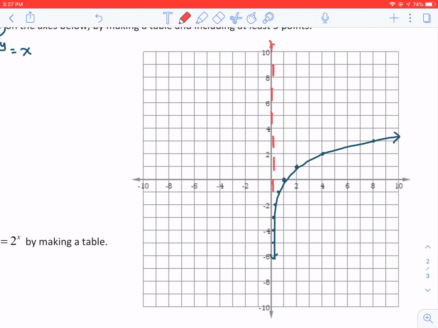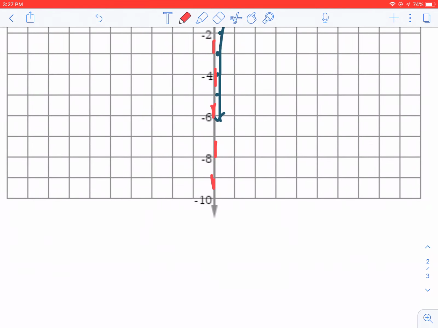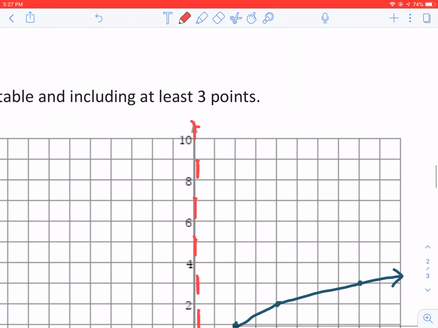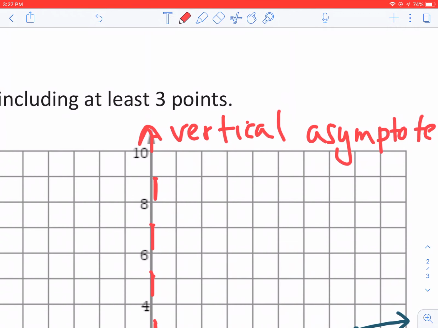It's never going to equal 0, right? We're always going to have 1 over 2 to the some power. And so it's never going to be negative. It's never going to equal 0. We have a vertical asymptote as our y-axis. And the equation of that, of course, is x equals 0.